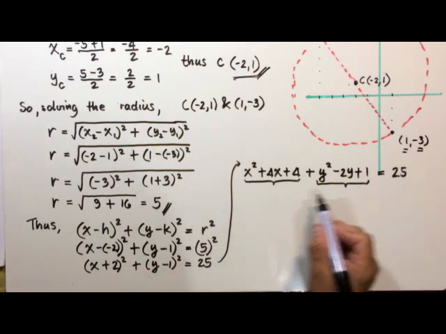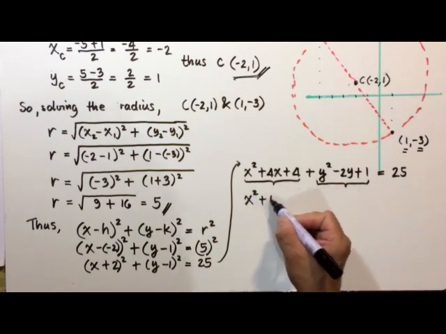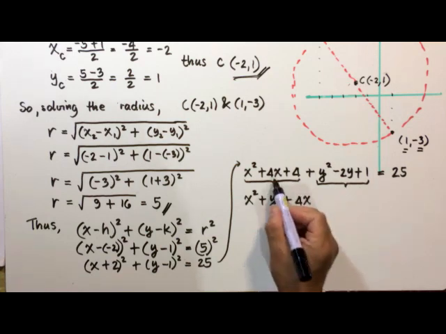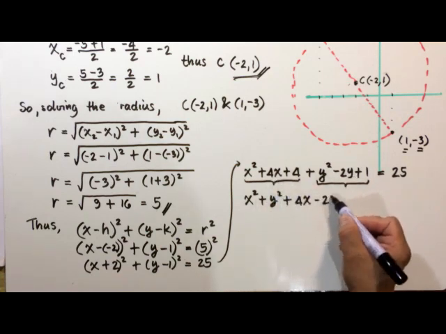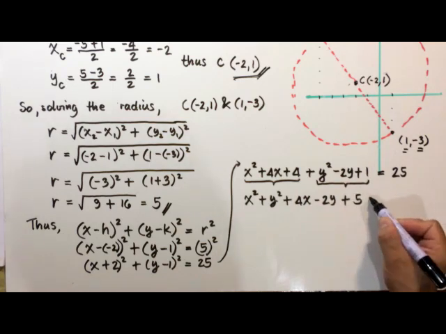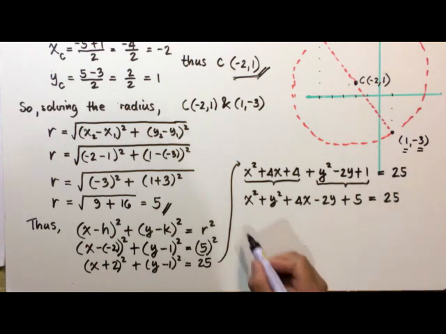So combining similar terms, I have x squared plus y squared, plus 4x, minus 2y, and 4 plus 1, which is 5. And then this is equal to 25.